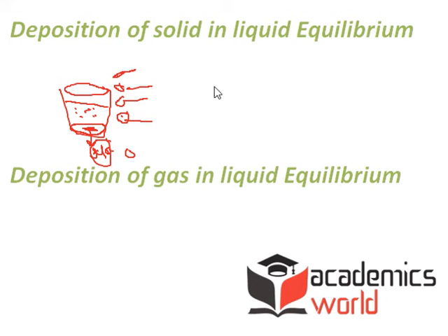Why is this happening? This is happening because of equilibrium. We know that when we add sugar to water and mix it, it dissolves. The empty space between the water molecules gets occupied by the sugar molecules, and when this empty space gets full, the sugar does not dissolve. But how is it equilibrium?